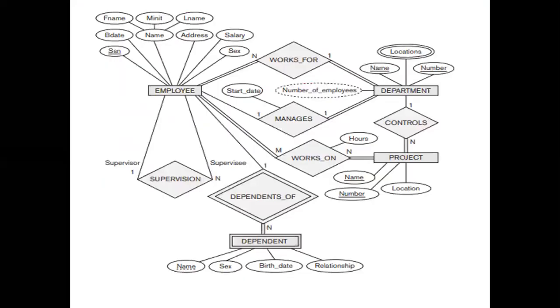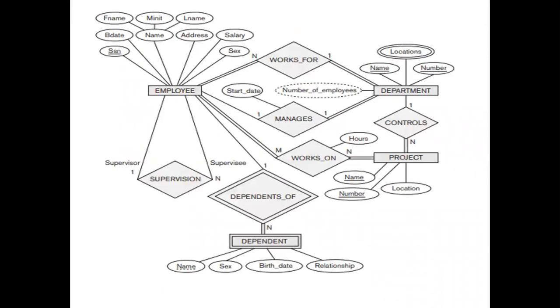Here we have considered a company database ER diagram, and now we'll convert this to relational schema. Our first step is mapping of regular entity types. In this ER diagram, first we need to search for regular entity types, that is strong entity types, which contain a primary key.